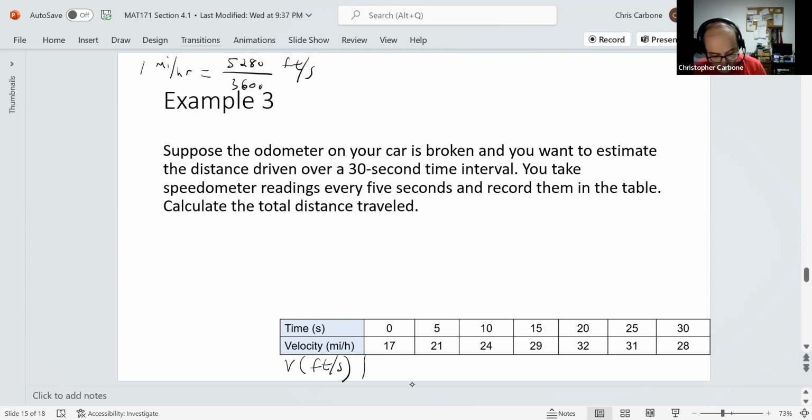So to do that, this would be 25 for 0, 31 for 5, 35 for 10, 43 for 15, 47 for 20, 45 for 25, and 41 for 30.